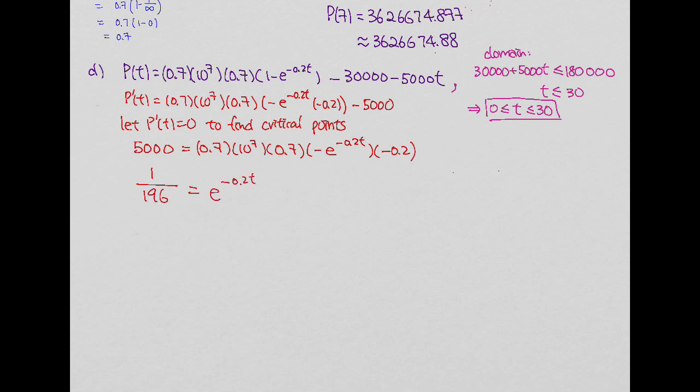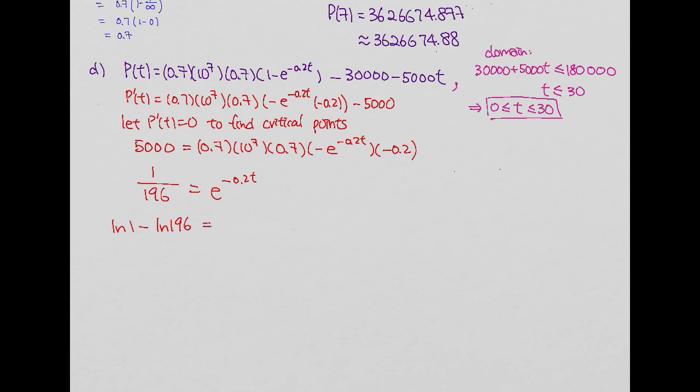After that, because we're finding the variable that is in the exponent, we're going to take ln. So ln 1 minus ln 196, because they are division, you can break into 2 ln's using subtraction. And ln e to the negative 0.2t, bring down the exponent, you will have negative 0.2t equals this.